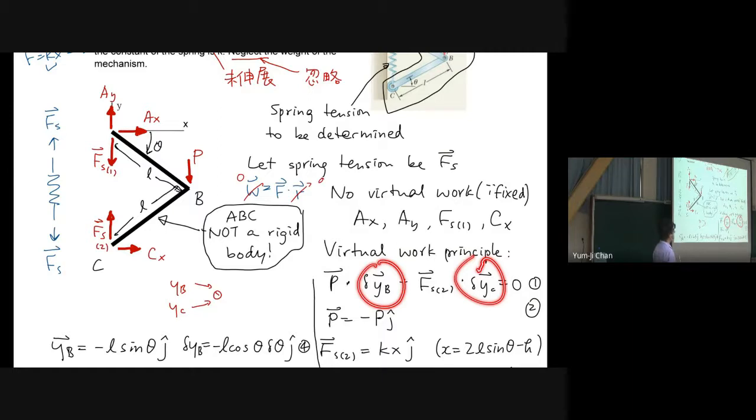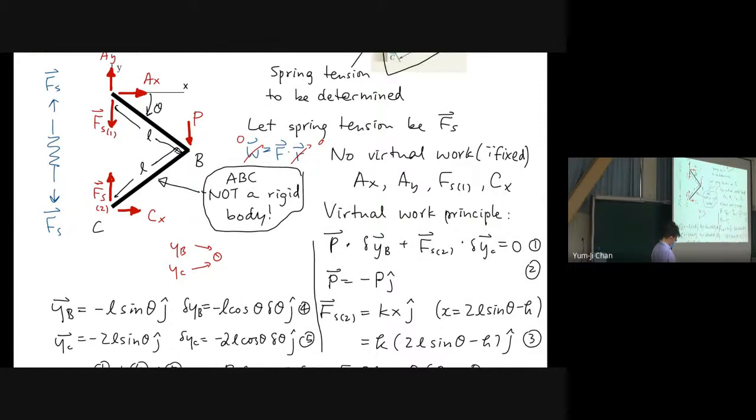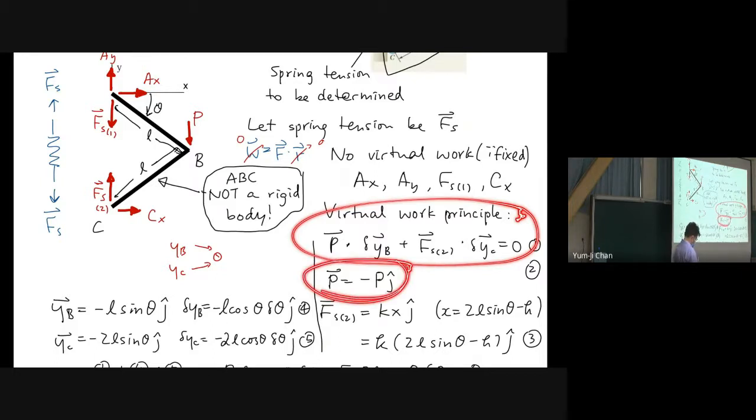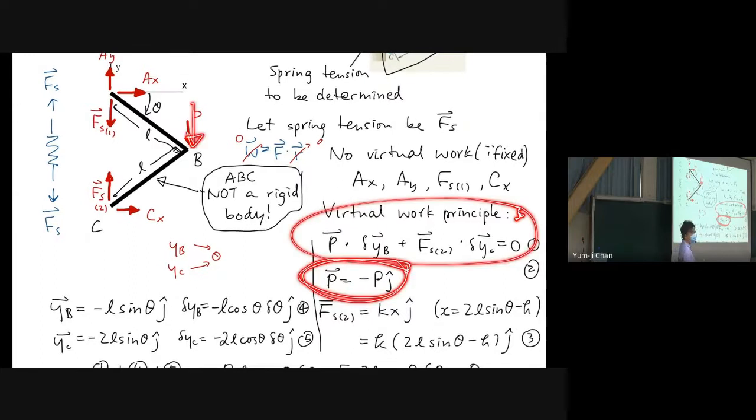And here again, don't use my way of writing things, but the book's one. We write YB. Virtual work principle gives us this one, and P is equal to negative P j because it is going down.